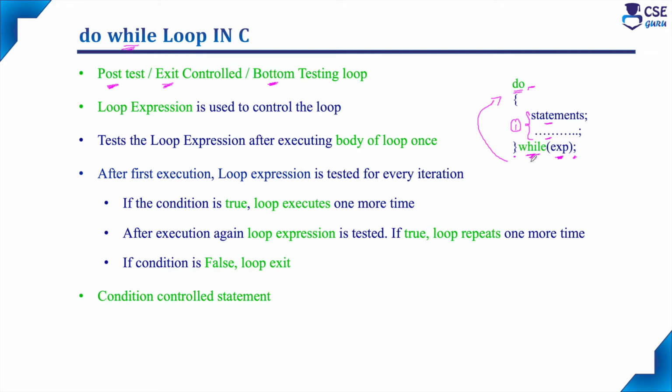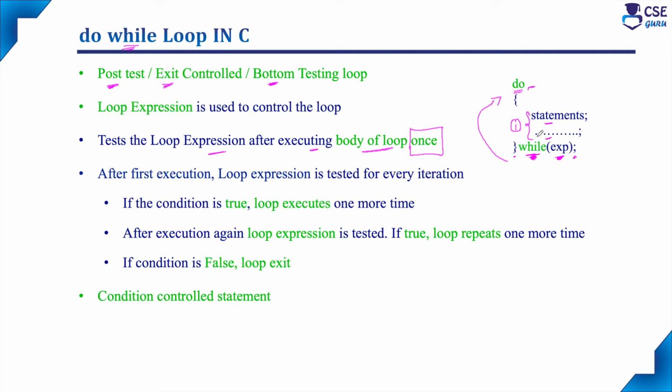Like for loop and while loop, the loop expression plays an important role for every iteration. It will test the loop expression after executing the body of the loop once. So in do while loop, the minimum number of times the body of the loop executes is one time.